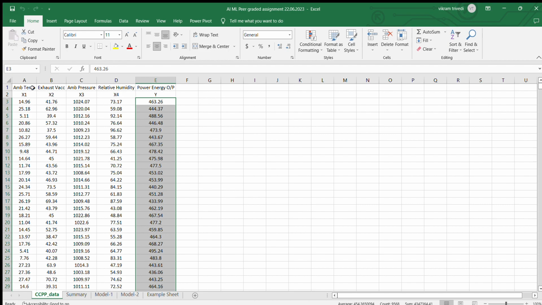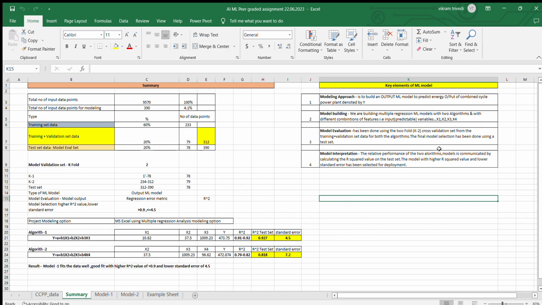Since we have more than one independent variable to predict the output variable or target variable y, our modeling approach for building a machine learning model for this project would be multiple regression analysis. For this we have designed two algorithms for two different models with two different sets of input features or independent variables.